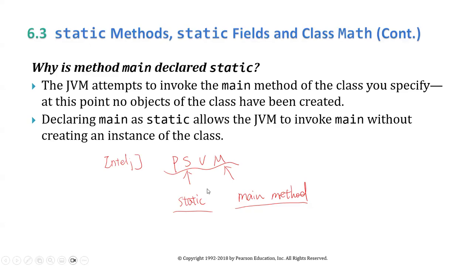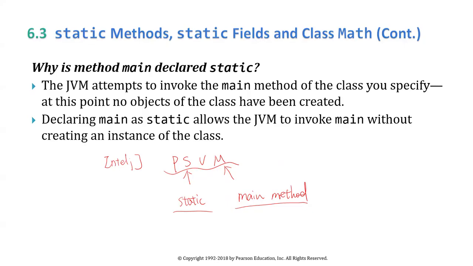So that is another use for the static method there. Declaring a main method as static allows the JVM to invoke main without creating an instance of the class. As we always practiced in our lab, what we do is only PSVM, and then we can run our code, right?